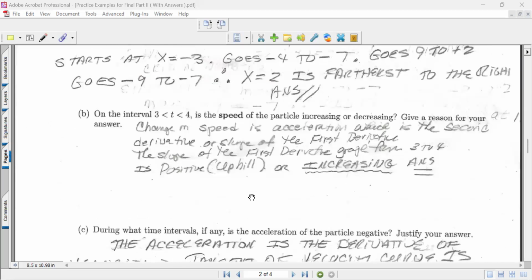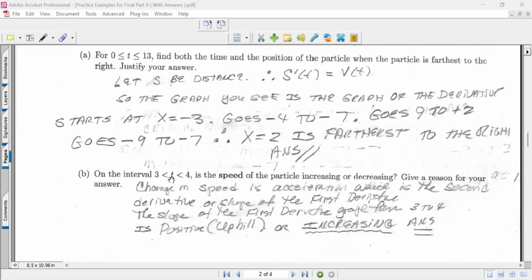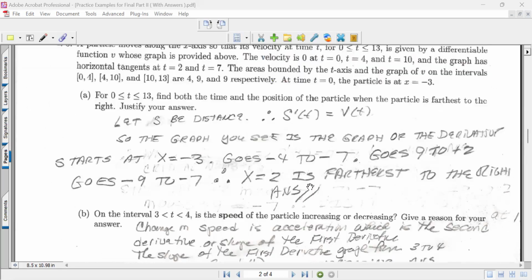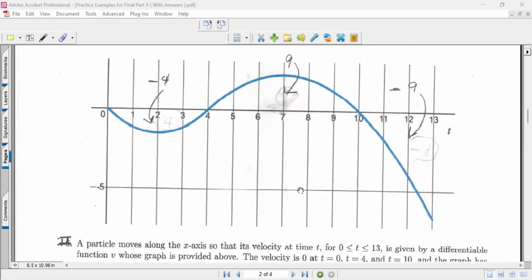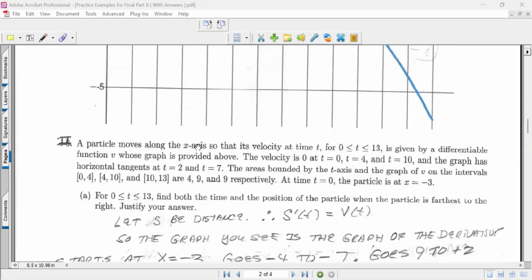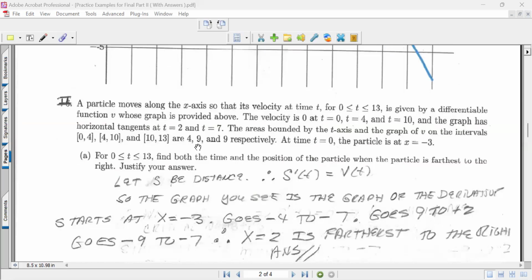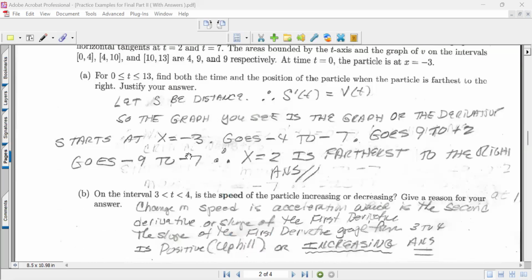B part of this question says, from 3 to 4, the speed of the particle, is it increasing or decreasing? Now, from 3 to 4, I think it's what everyone just said. Let me check that out again.